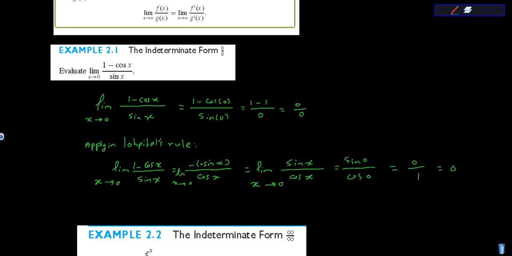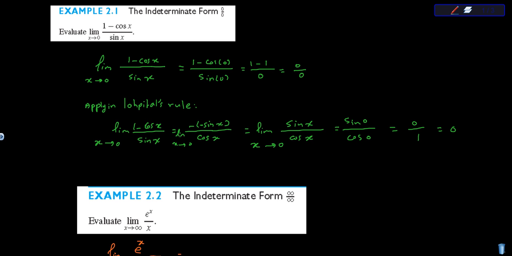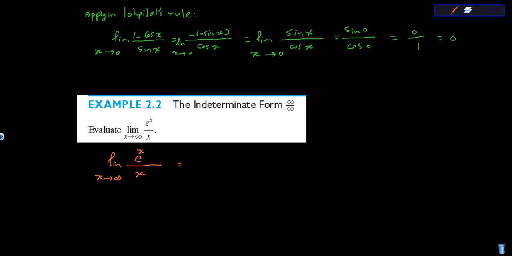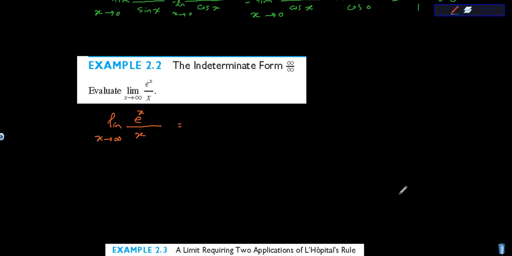We can take another example to help you understand this. Evaluate the limit of e to the power x over x as x approaches infinity. The first step, as I said before, is to substitute x by infinity.